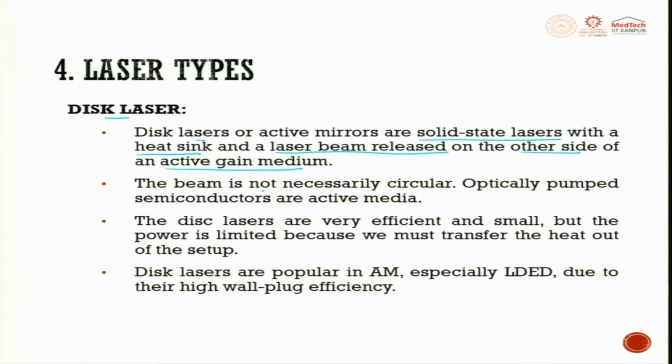The beam is not necessarily circular. So this is another interesting learning. The beam need not be circular, it can also be oblong. The beam can also be split. The beam can also be concentric. Depending upon your requirements, you can change the shape of the beam.